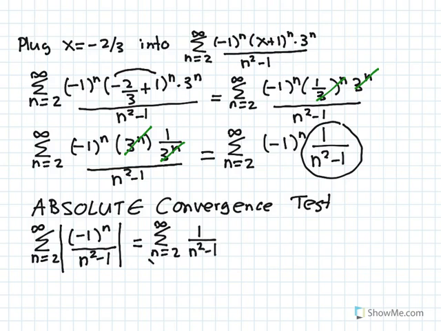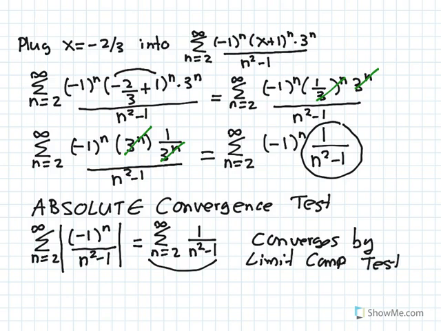But we proved earlier that this series converges by the limit comparison test. We did that earlier, and our comparison was b sub n is equal to 1 over n squared.